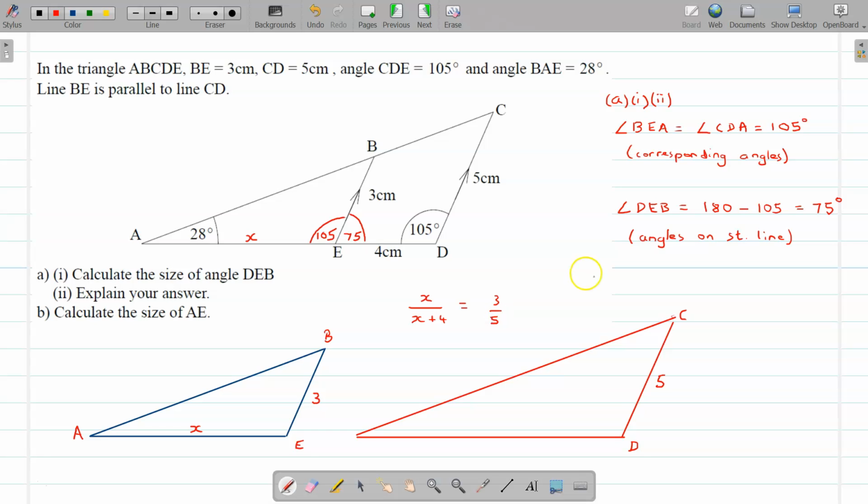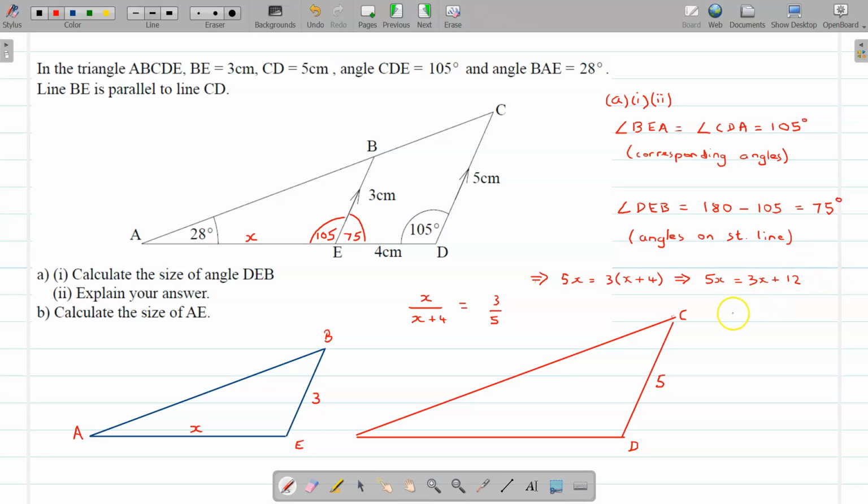This is one way I can do this problem. If I cross multiply, in other words, 5x is equal to 3 lots of x plus 4. If I process that, I get 5x equals 3x plus 12.